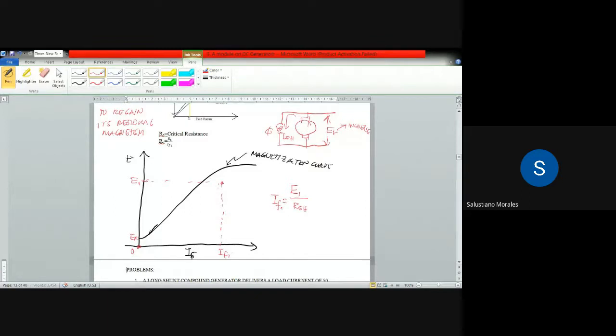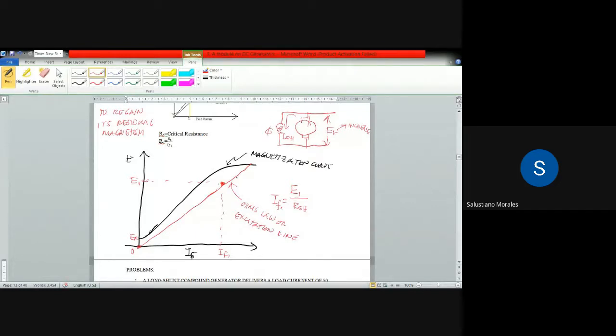So meron tayong point dito, so if you connect now the origin to that point, it will give to us the Ohm's law line or the excitation line. So we have here Ohm's law or excitation line.